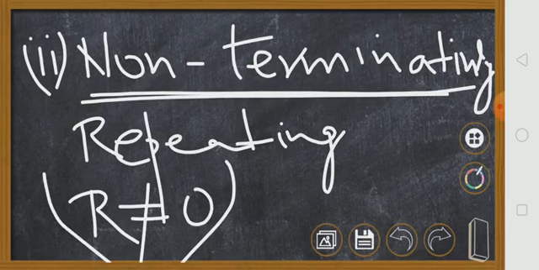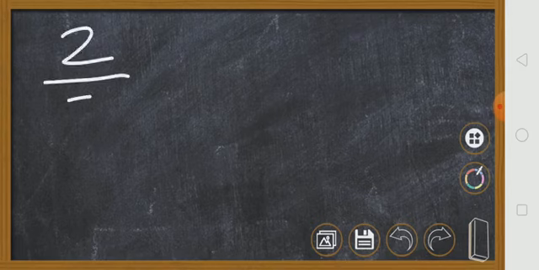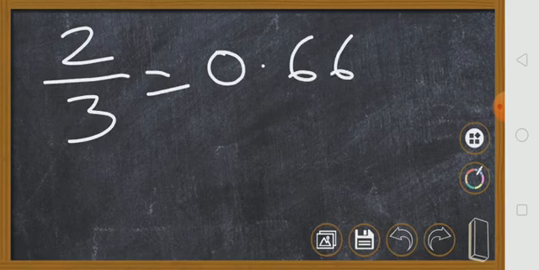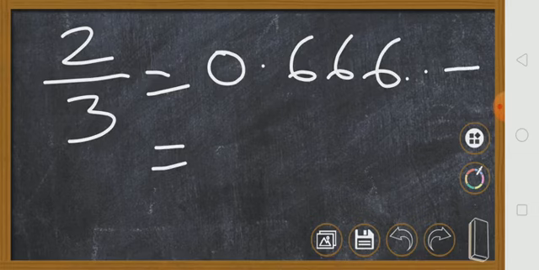Is it clear? Like suppose you divide 2 by 3, how much will you get? 0.666... That means the remainder will not be 0 in this case. So what we are seeing is that 6 is repeating, no? So we can write 0.6 with a repeating bar over the 6.